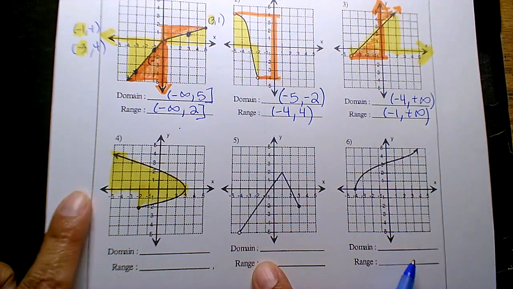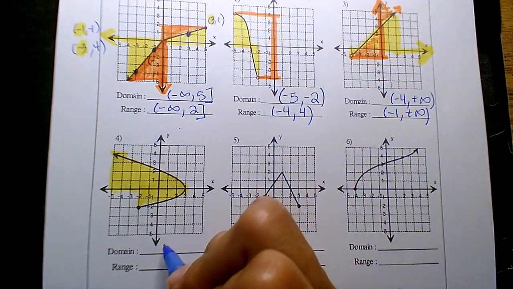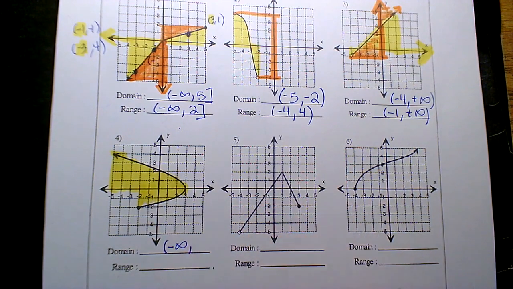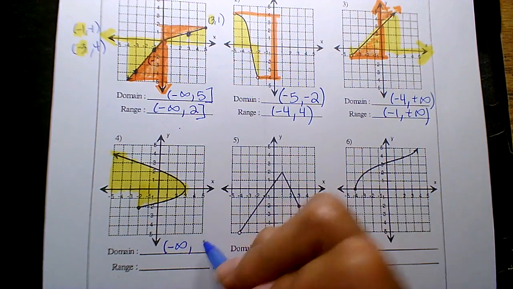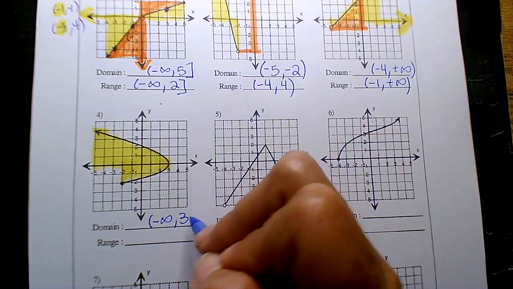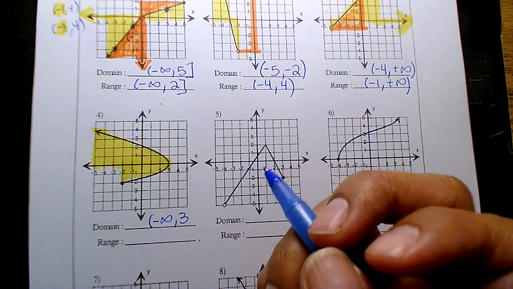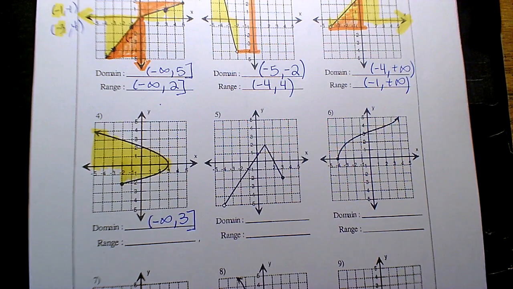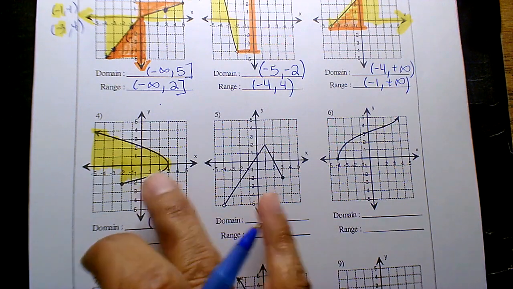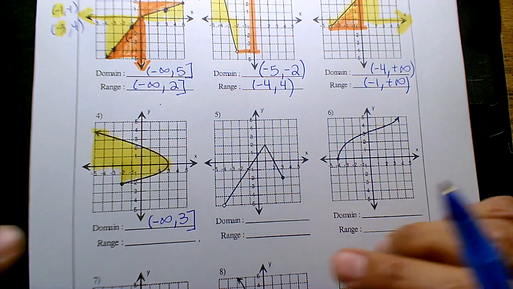Okay, so where's the far left, where's the far right? Negative infinity to 3. And parenthesis or bracket? There's no open, it's all closed, so what would it be? Bracket. This is more like what you guys would do, but we would only give you half of it. We wouldn't give you the other half.